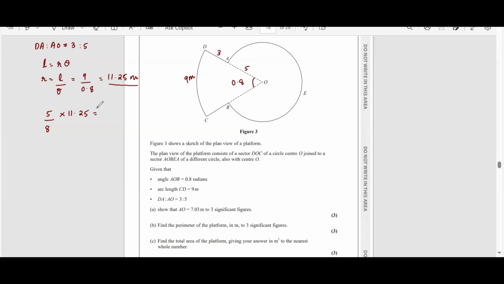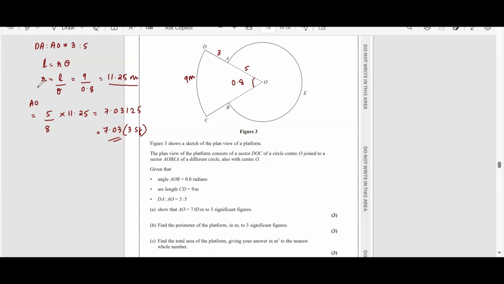We just put this in the calculator: 5 into 11.25 divided by 8. You will get 7.03125. So this will be 7.03 when you correct it to 3 significant figures. So we proved that AO is equal to 7.03. So this is AO. First part is done.